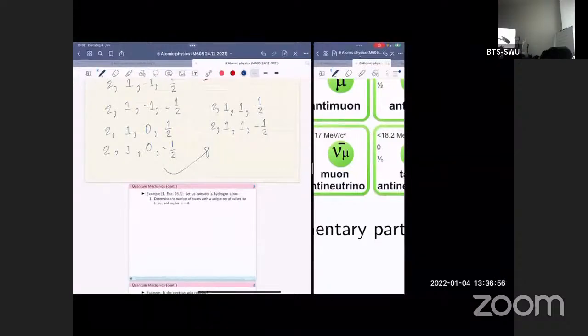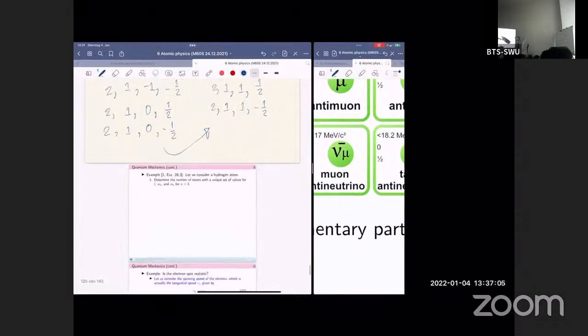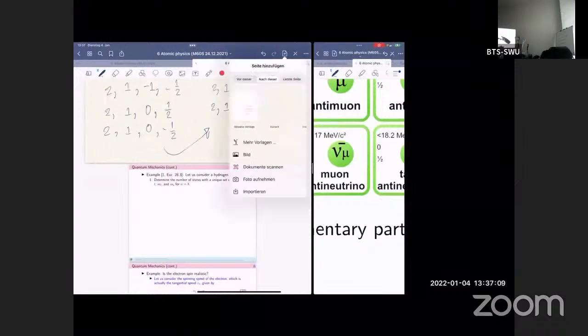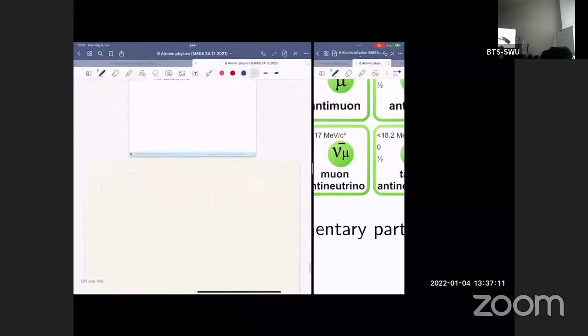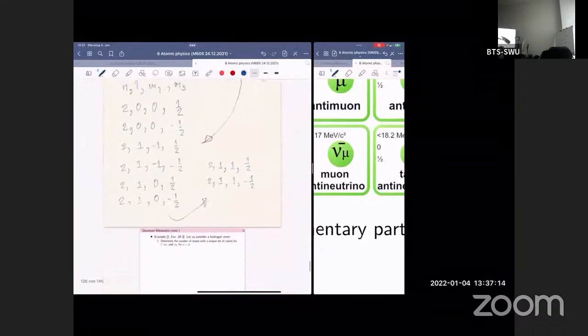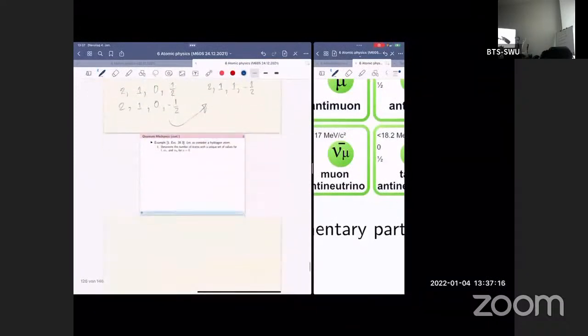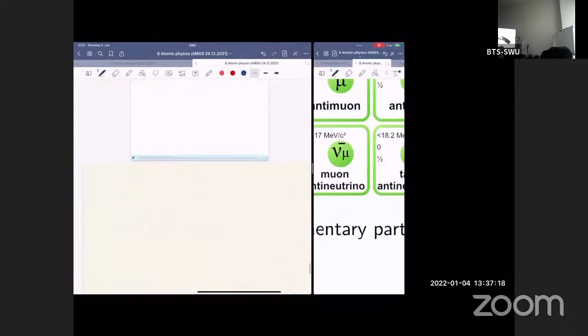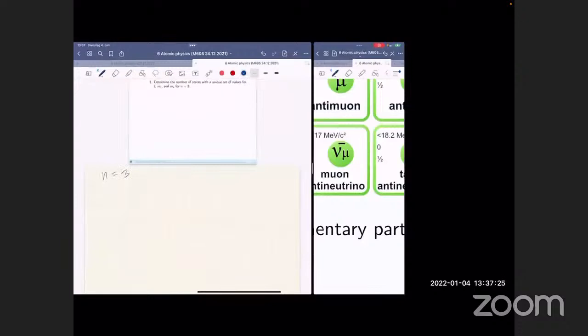Okay, right here you could have the quantum states like this. And for n equal to 3, let's go ahead with that. When n equal to 3, there will be 3 cases for L, right?